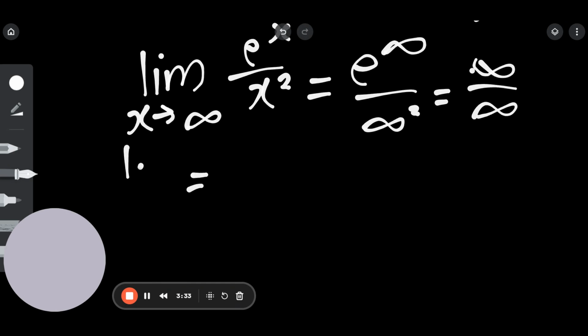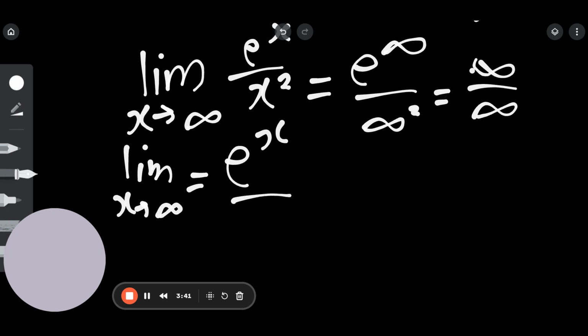So it would be the limit as x approaches infinity of e to the x, because the derivative of e to the x is just e to the x, over 2x, because the derivative of x squared is 2x. Now, when you plug in again, you would get infinity, because e to the infinity is just infinity, over 2 times infinity, which is just infinity.